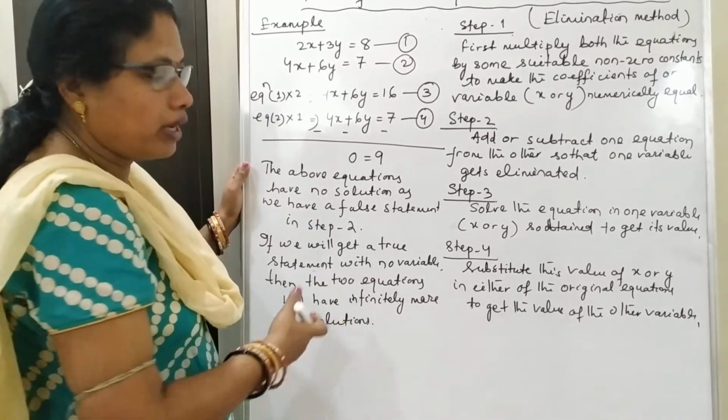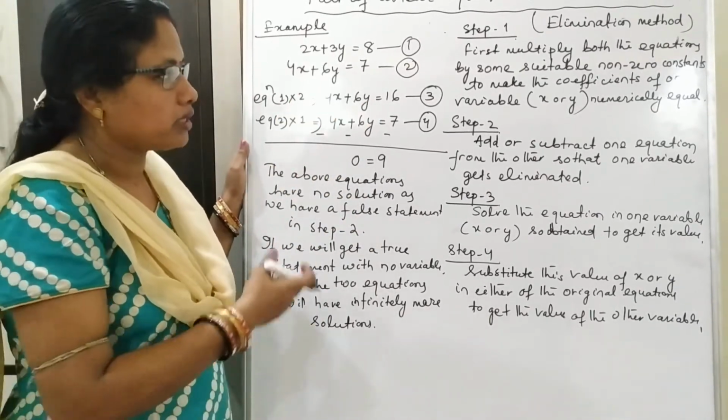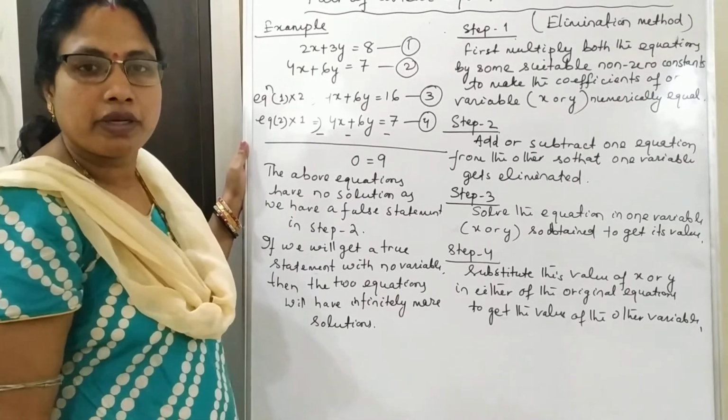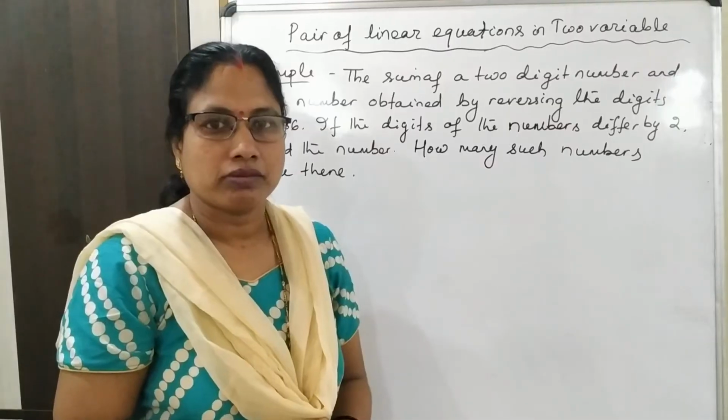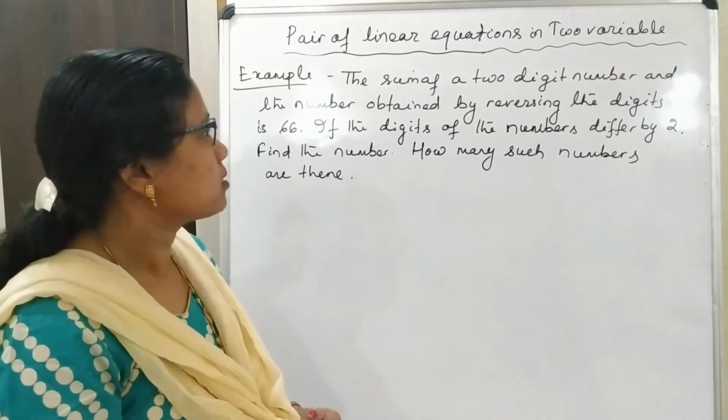So in this way we can follow the steps of the method of elimination to solve a pair of linear equations in two variables. Let us solve a word problem by the method of elimination.